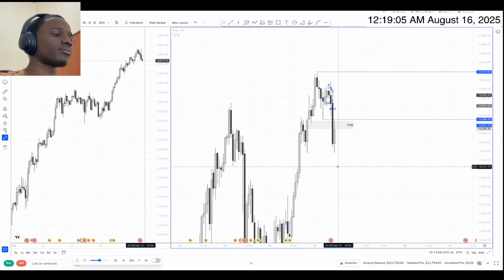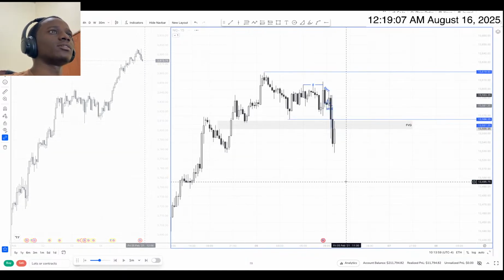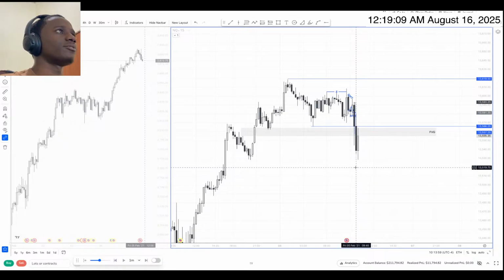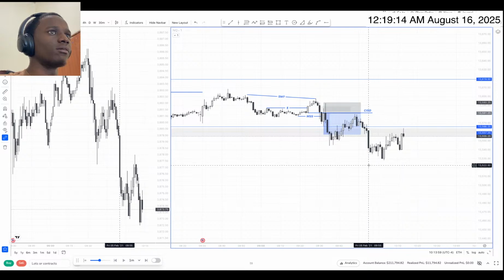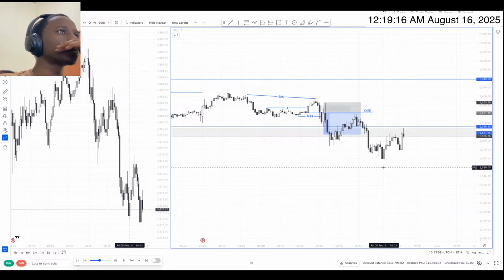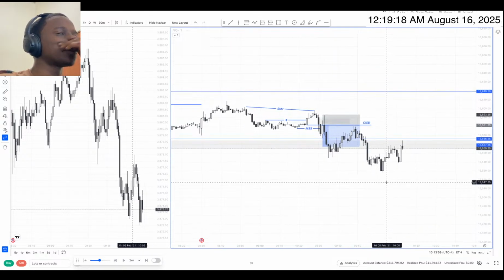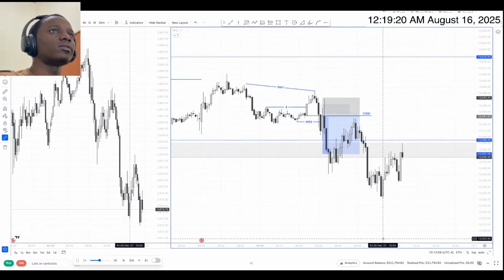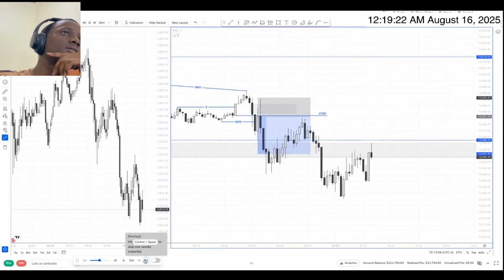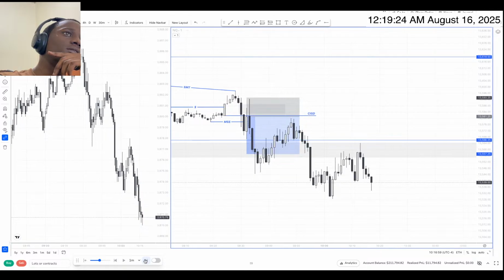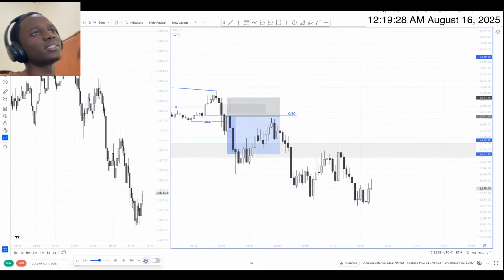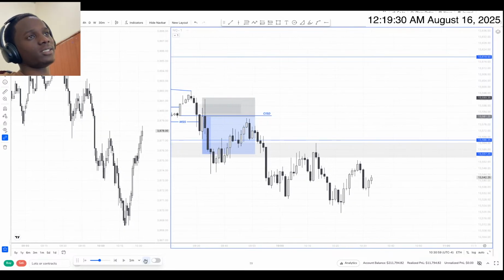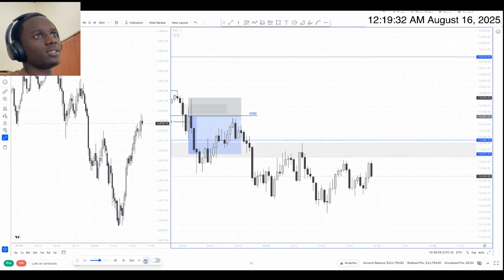And on the 15, let's see. So here we're forming some kind of SMT. But that SMT had no context. That's an example of a contextless SMT. Anyways.